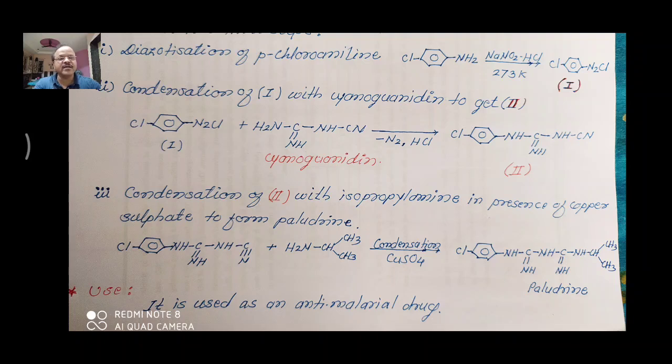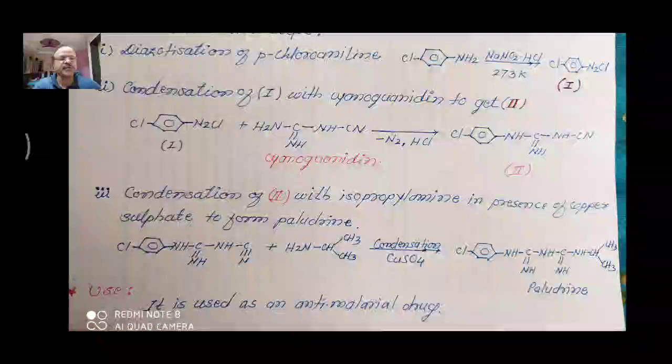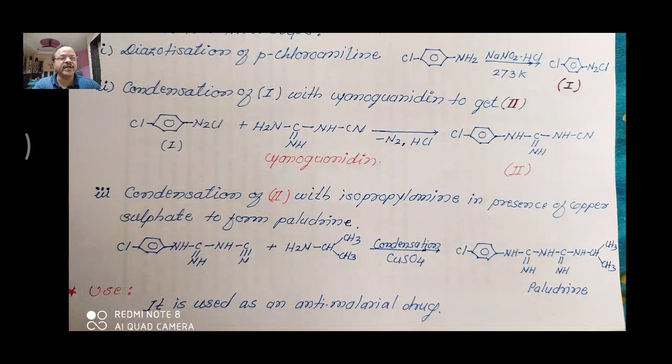How is it obtained? Compound number 2 on condensation with isopropylamine, H2N-CH(CH3)2. These two compounds undergo condensation in the presence of copper sulfate, and as a result we get the condensed product, which is nothing but paludrine. So this is the synthesis of paludrine, which involves 3 steps.